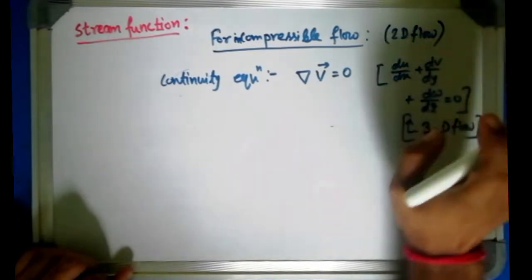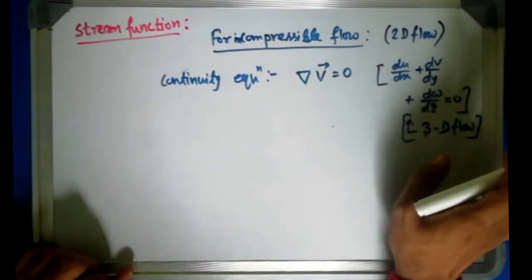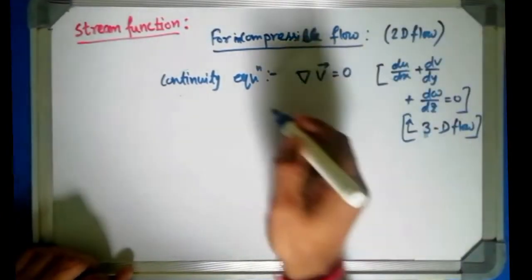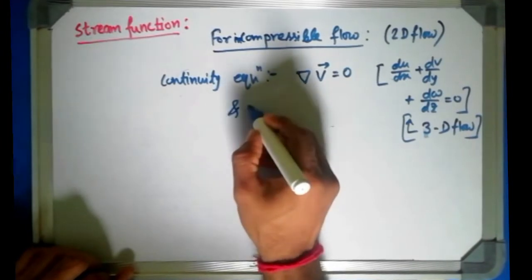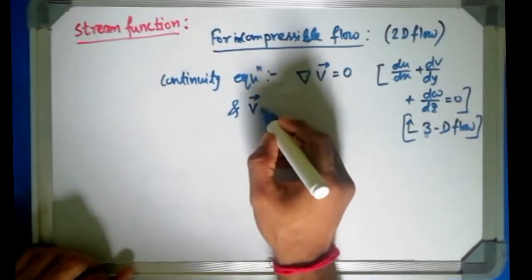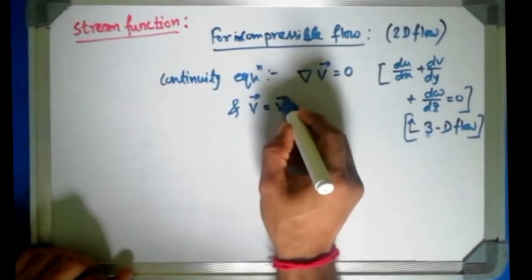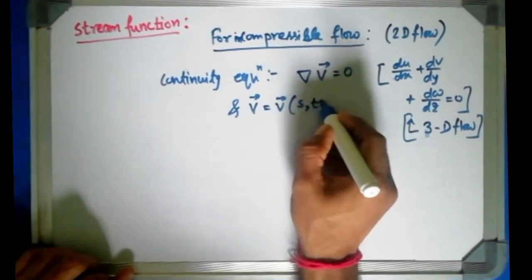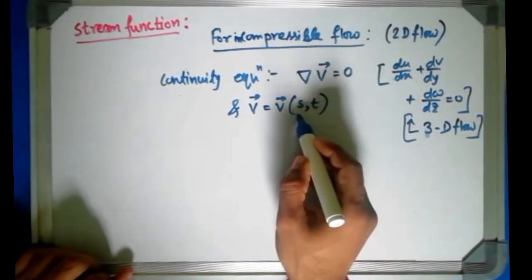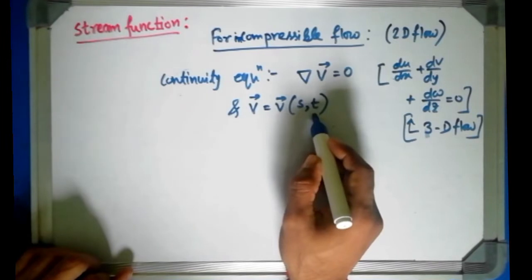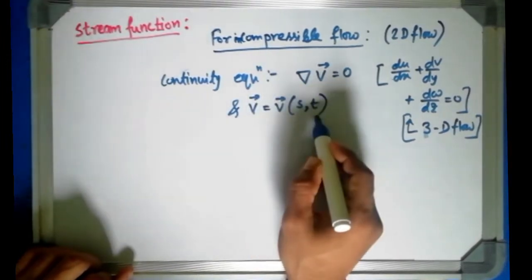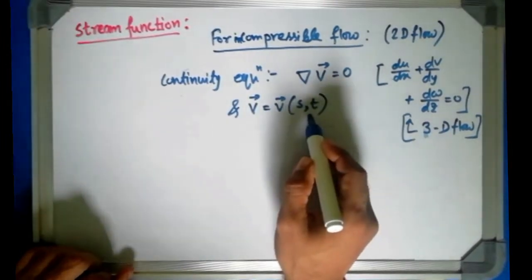Only du/dx and dv/dy will be there. And we know here that the velocity vector is a function of space and time, where x stands for space and t stands for time.